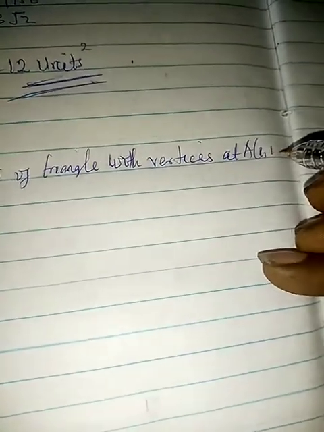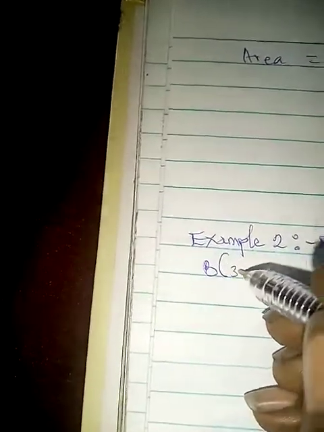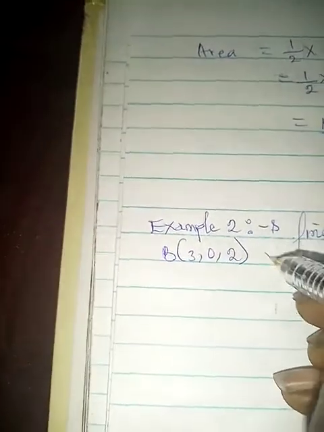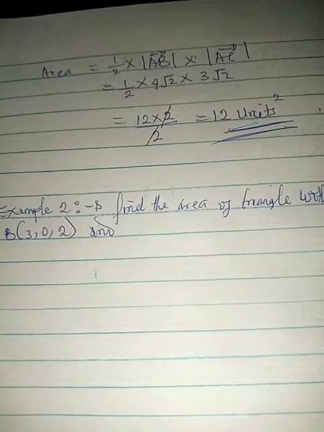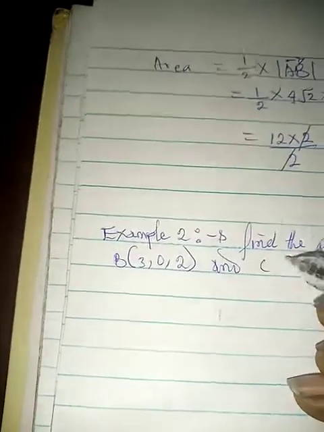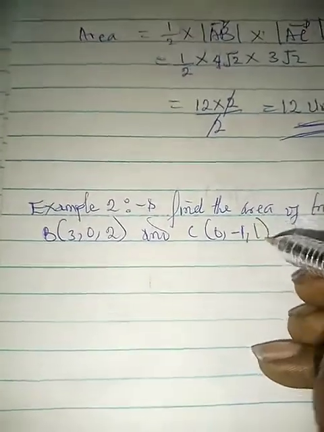Please, I want you to take note of that. And B (3, 0, 2), and C is (0, -1, 1).